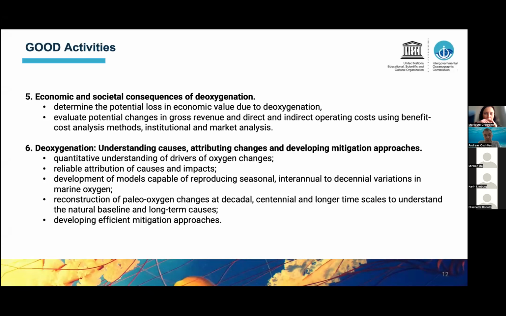From that we can further develop this quantitative understanding, see successes or failures of activities, and attribute these to actions or to non-actions, climate change, eutrophication, and so on. And that should allow us also to test and confront our models with ongoing observed changes, to improve models and develop models that are capable of making projections on seasonal and perennial decadal scales.